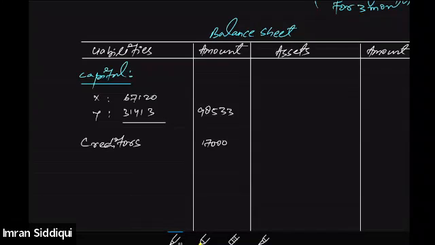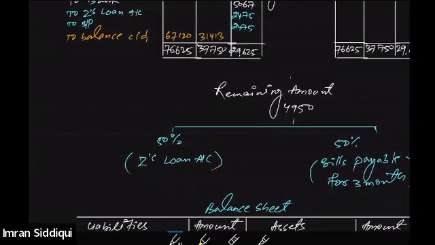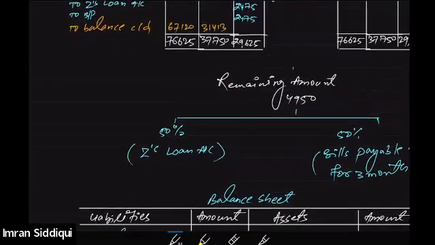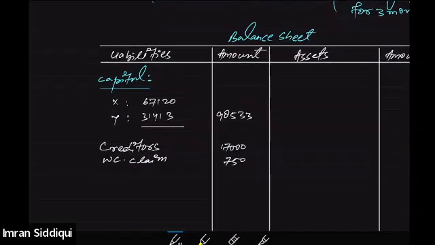Understood? Then the question was telling us about the workman compensation claim, which was also there for rupees 750. So let's also write that workman compensation claim of 750. Then we had made a liability of bills payable amounting to 2475. This needs to be reflected in the balance sheet as well.